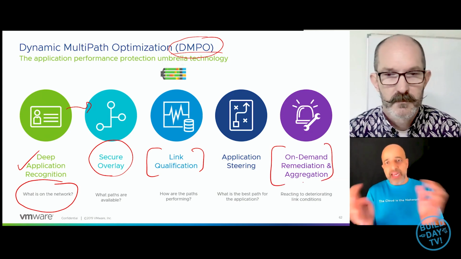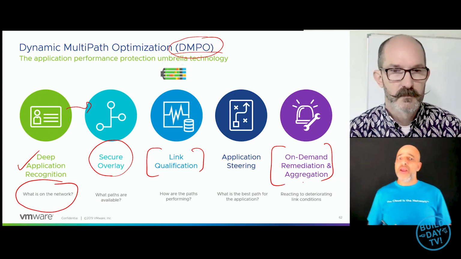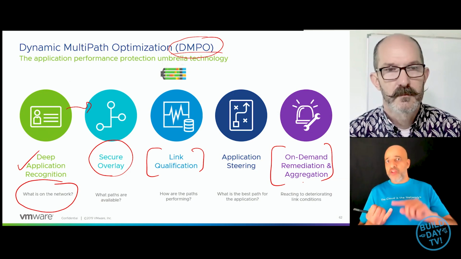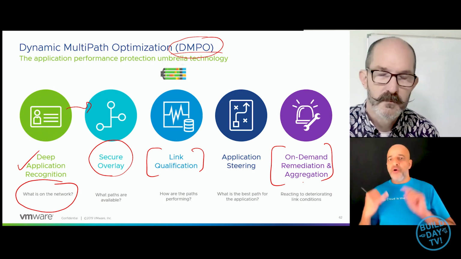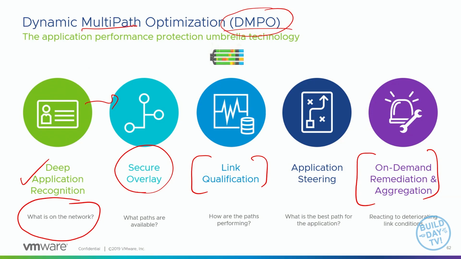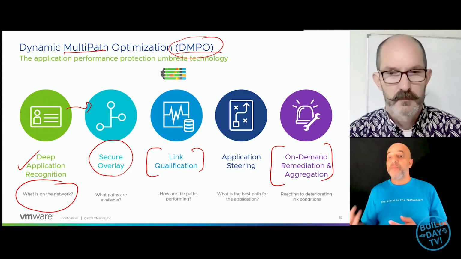So if you ask me, DMPO in a summarized way, it is all about continuous monitoring. We are monitoring all the circuits, and then in a dynamic fashion, we are doing per packet steering. Remember this, per packet in a sub-second fashion. We break the flow into small packets, and we leverage all the circuits out there. And that's where that multipath comes to play. We leverage all the circuits, all the tunnels in a per packet fashion.